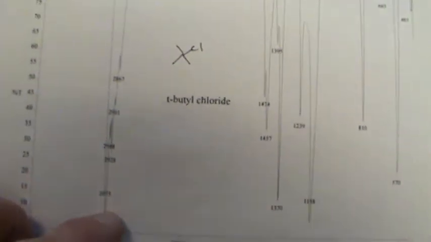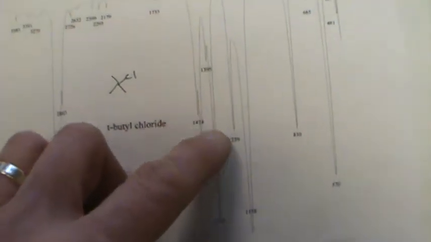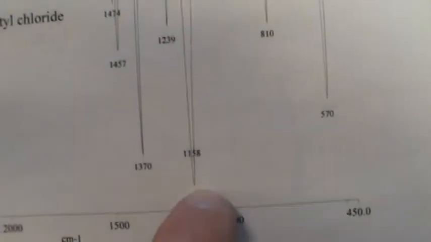So it's funny how in this spectrum, the only thing that I would arguably definitively circle is this, and I guess we could absolutely circle these here and say it's a CH bend, but that's about it. And as far as what this is, I have no idea what that is for sure. 1158, I have no idea. If you have reference spectra that show definitively what that is, then fine.